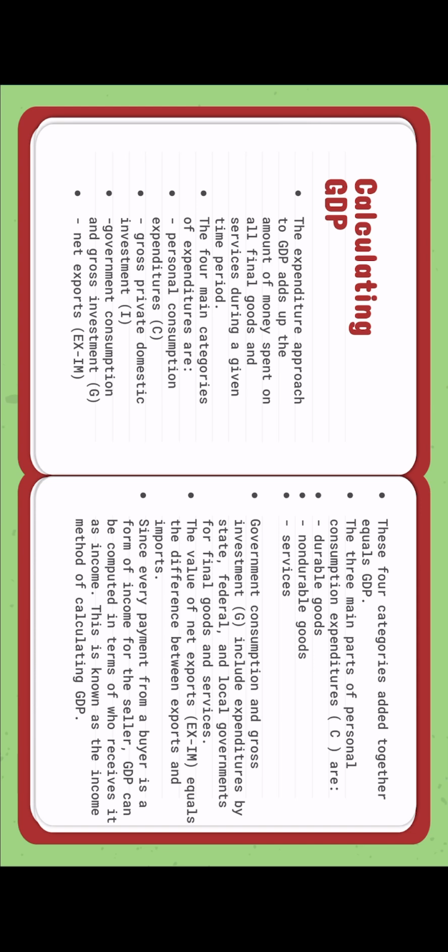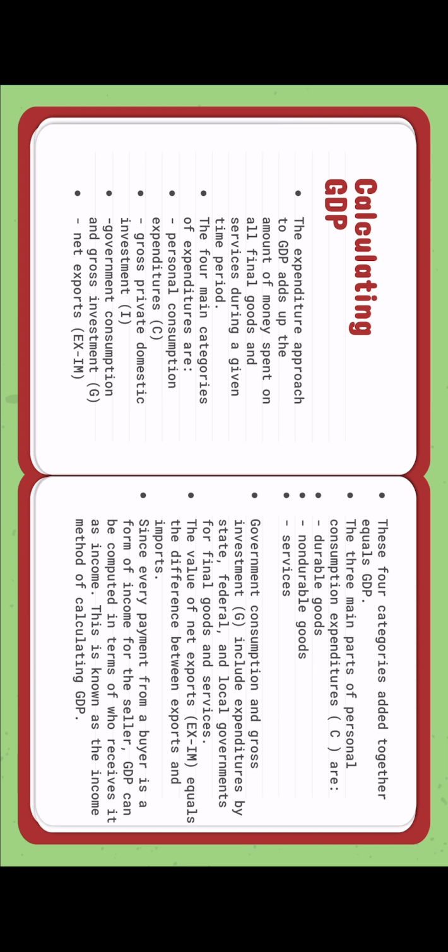The four main categories of expenditures are personal consumption expenditures, which in equations would be labeled as C, gross private domestic investment, which in equations would be labeled as I, government consumption and gross investment, which in equations would be labeled as G, and net exports, which would be labeled as EX-IM. These four categories added together equal the GDP.